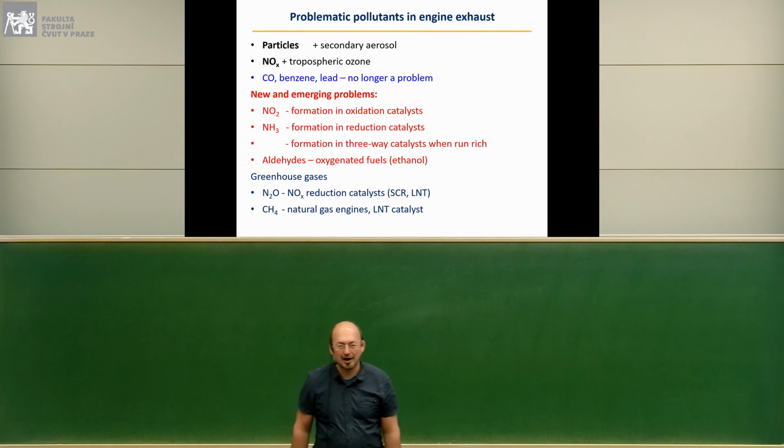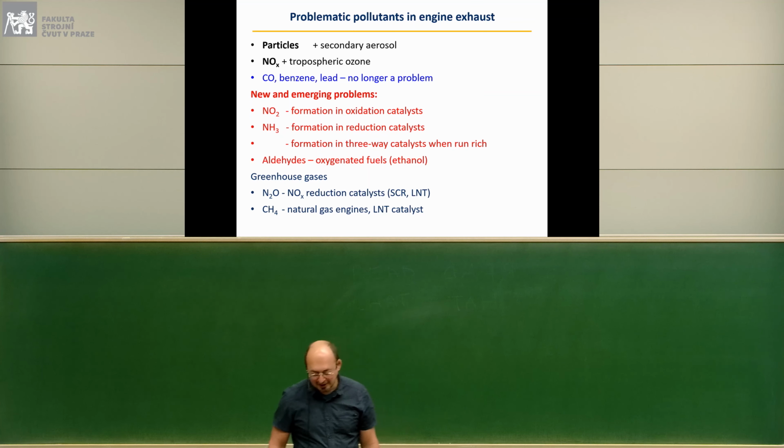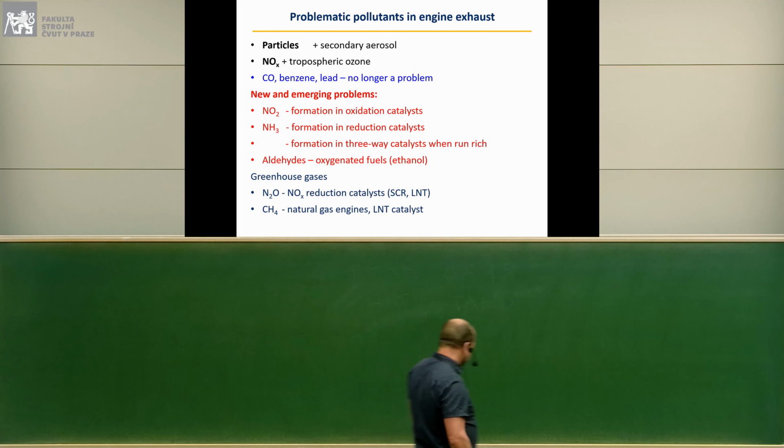The other two are organic gases and sunlight. Organic gases and sunlight we can have in nature, but most nitrogen oxides are of anthropogenic origin.